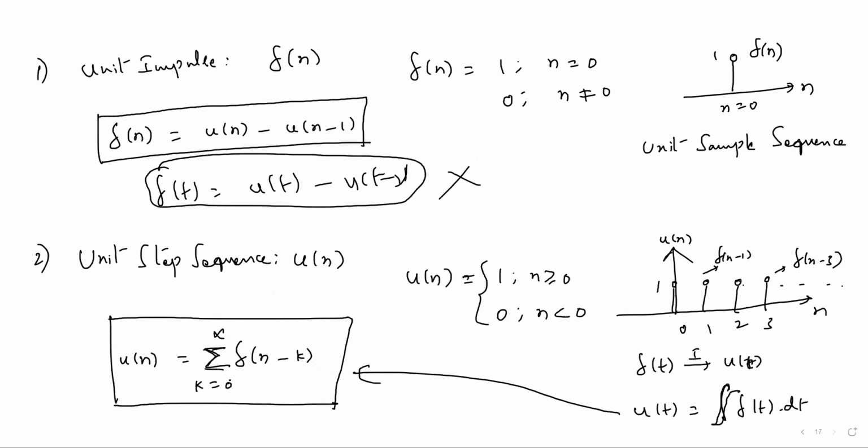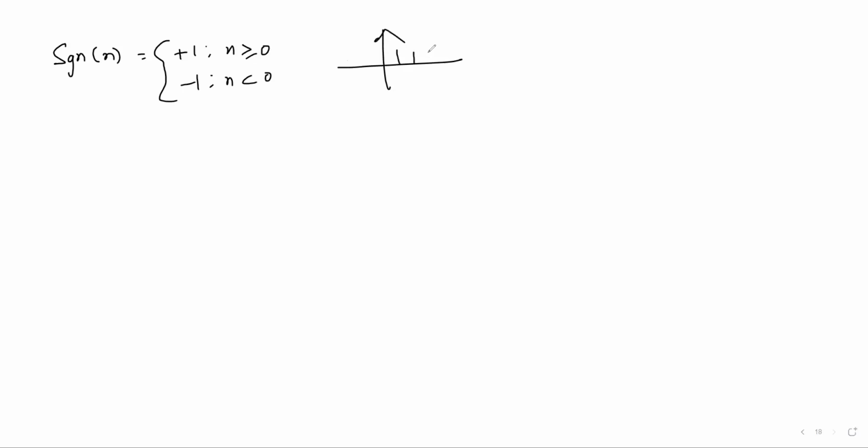Like that, discrete signals, we can take just a sampled version of continuous signals. Like if I take signum function, signum of n I will write, it is plus 1 right hand side, minus 1 left hand side. Counterpart of continuous function, graph, discrete version of continuous signal.